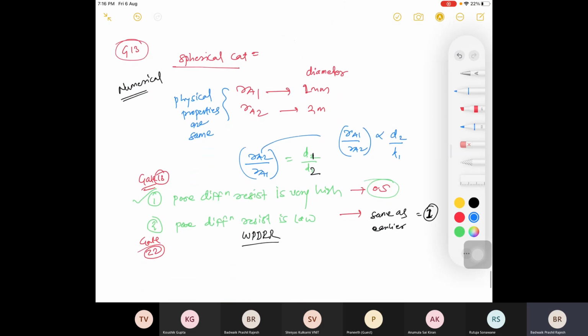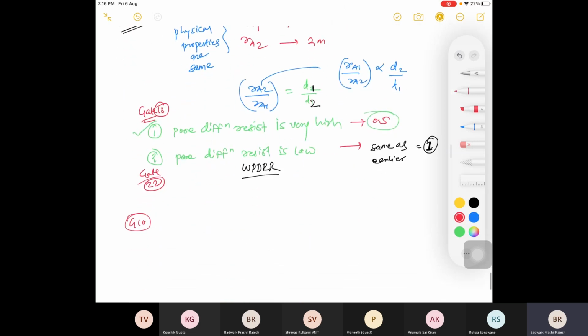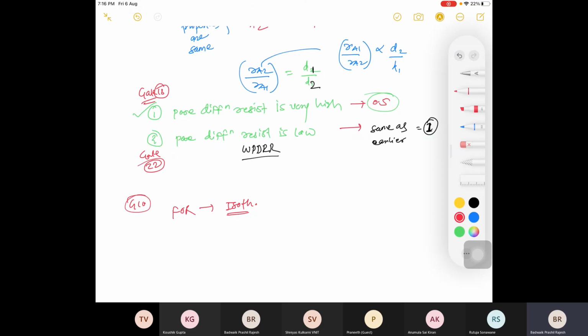GATE 2010, you know the concept. For isothermal, first order reaction, and an infinitely long cylindrical pore is given, it's been asked what is your relation for the strong pore diffusion resistance regime between effectiveness and phi.